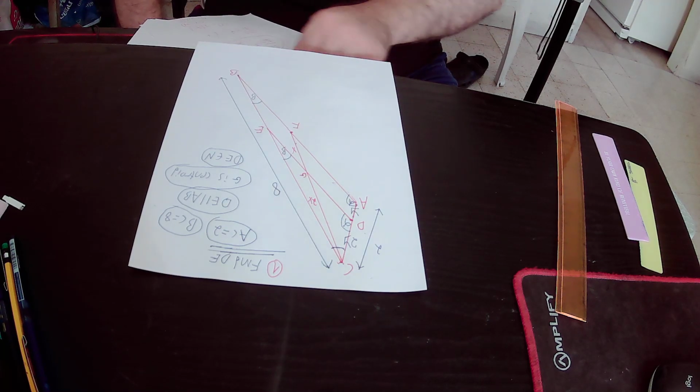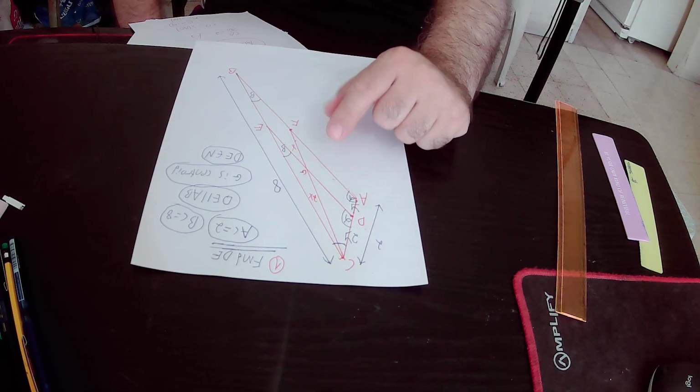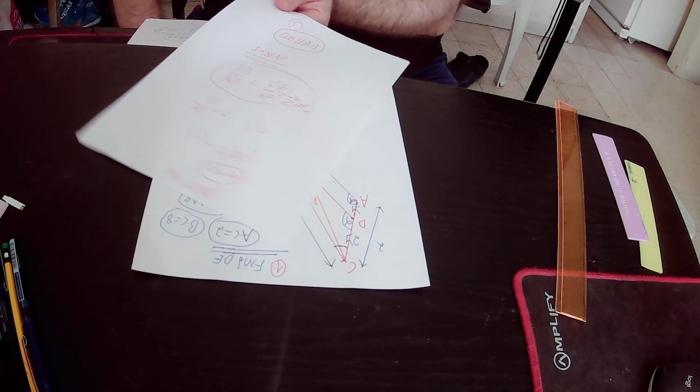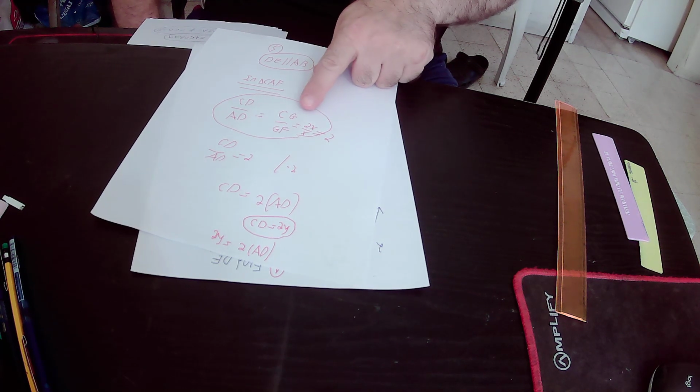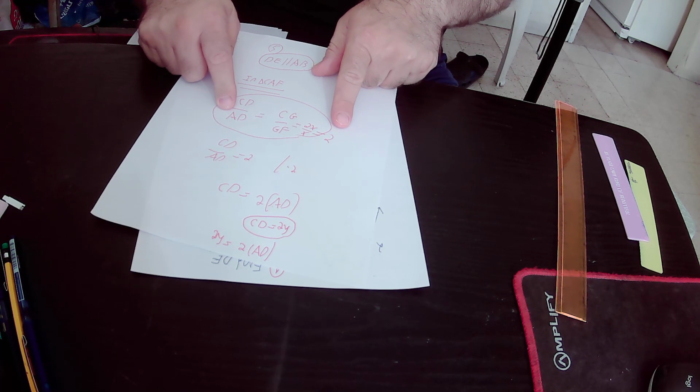But what is the value of CG? CG equals 2x and GF equals x. So we can write here that CG equals 2x and GF equals x. 2x over x is 2 because x over x is 1. So x will get cancelled and we will get that CD over AD equals 2.